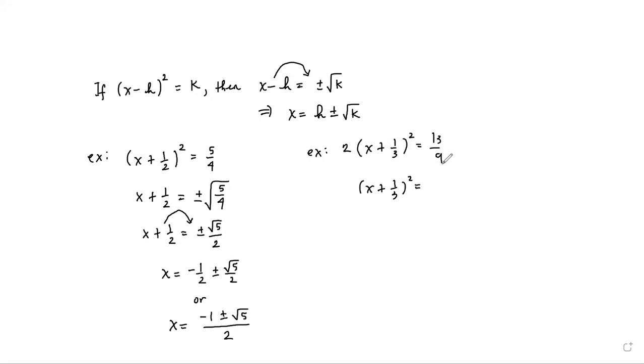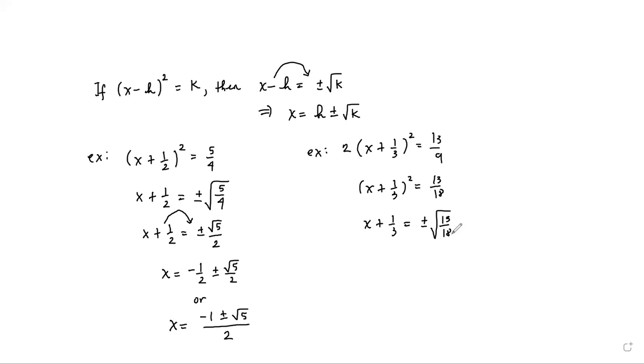And then 13 divided by 9 divided by 2 will be 13 over 18. And then if we apply the square root property, we get x plus 1/3 is equal to plus or minus the square root of 13 over 18.